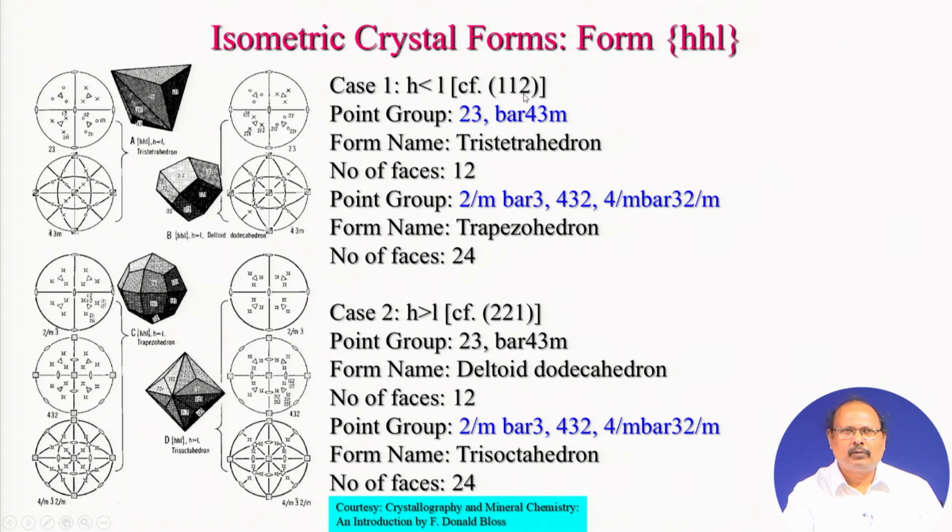So, we start with 1 1 2 here, and in point groups 2 3 and bar 4 3 m, this is the 1 1 2, and it produces these symbols here. This is the positive direction of the A3 axis, and since this is a vertical two-fold axis, after rotation this will be repeated here, here and here.